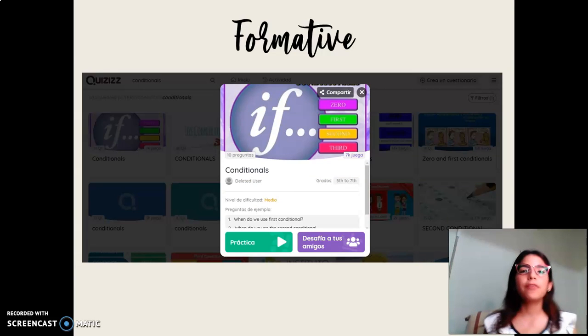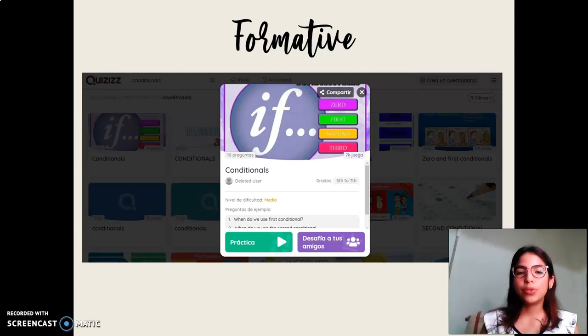Okay, then we have the formative assessment, but I'm not going to give such a long proposal of this, because as I explained before, for the formative assessment it is first of all important to establish the diagnostic, to know the current level of the student, and then, taking that into account, we can also create good material and topics in an organized way, and then we can propose some activities or topics for this kind of assessment, which is the formative one.